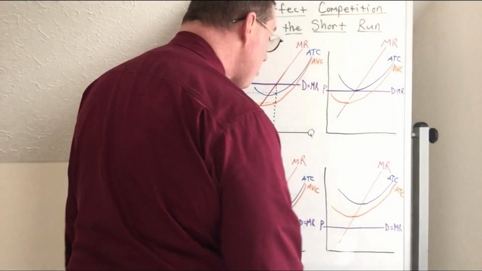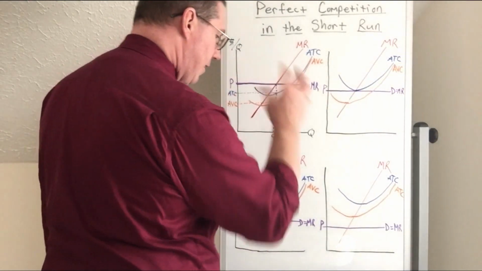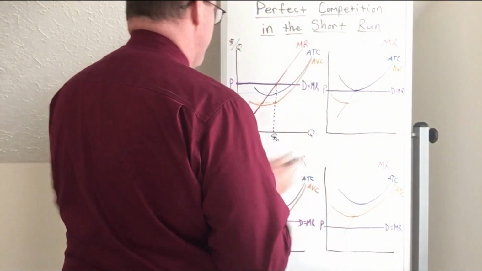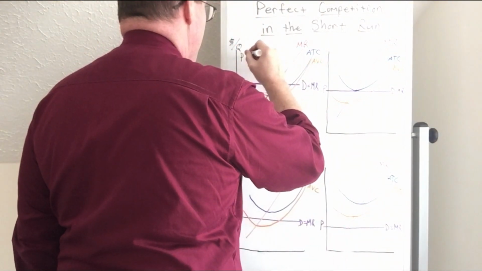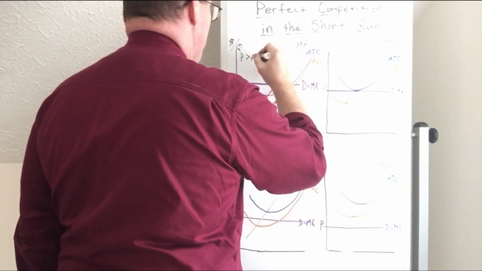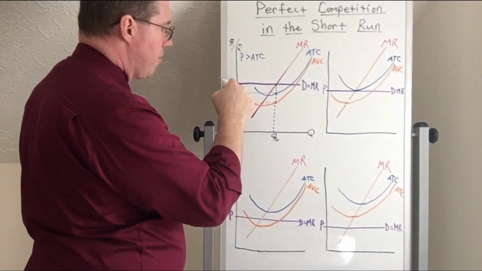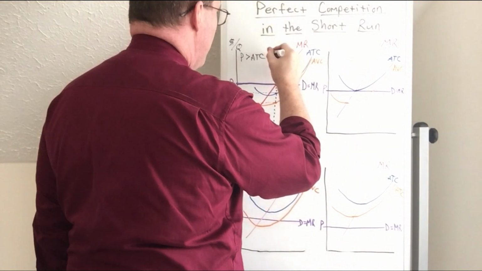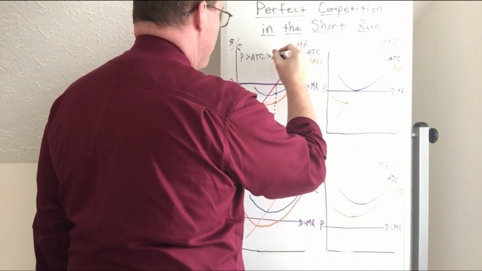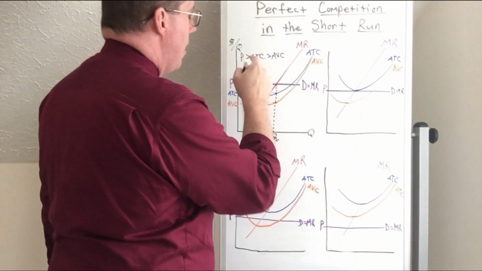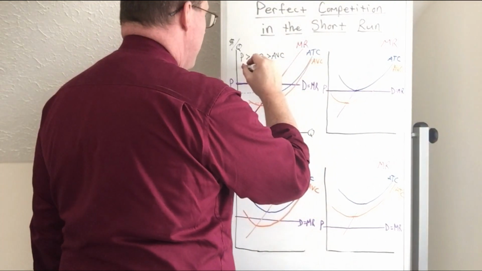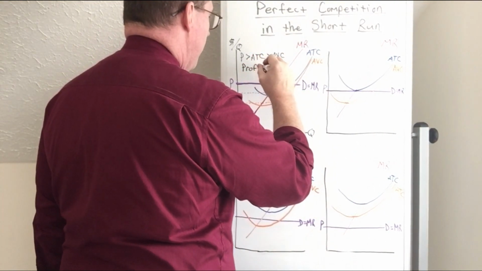But the thing that we are most interested in is the fact that in this circumstance, price is greater than average total cost. You see that right here. Price is higher than average total cost. And of course, average total cost is higher than average variable cost. And therefore, this firm is profiting. Okay?